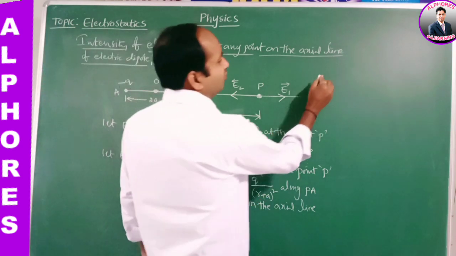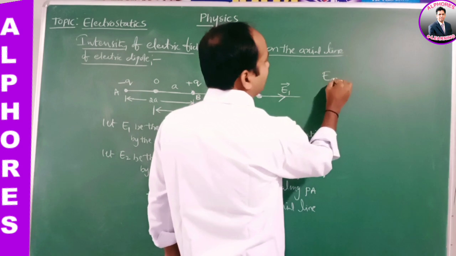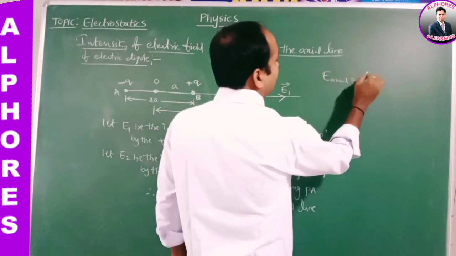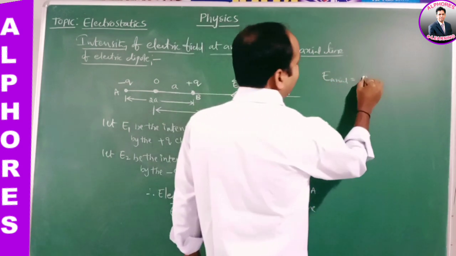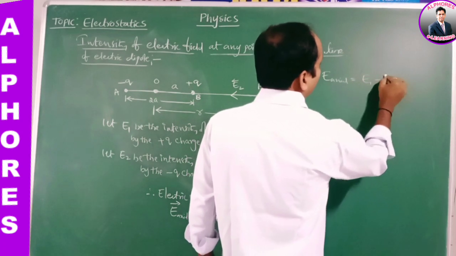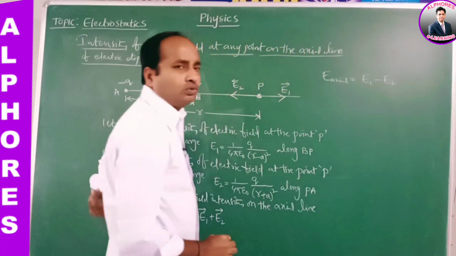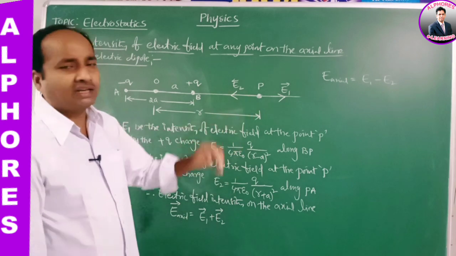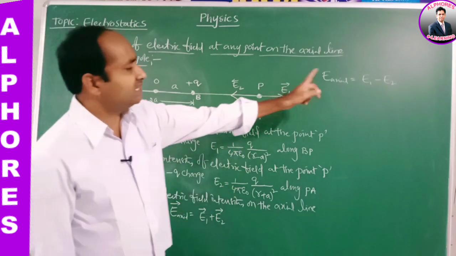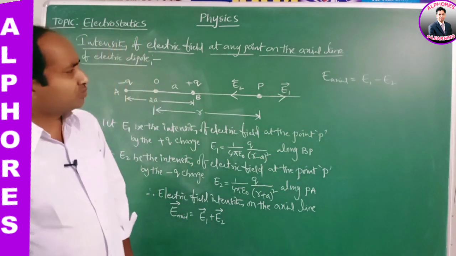Therefore we may write that the magnitude of intensity of electric field at any point on the axial line is E1 minus E2. Now substitute the values.